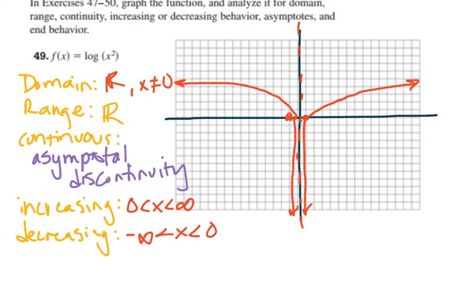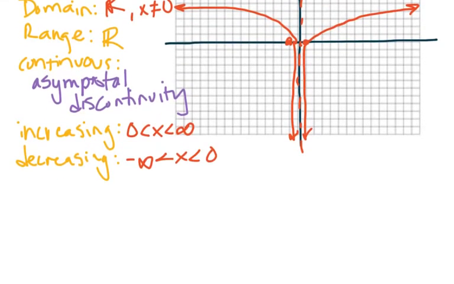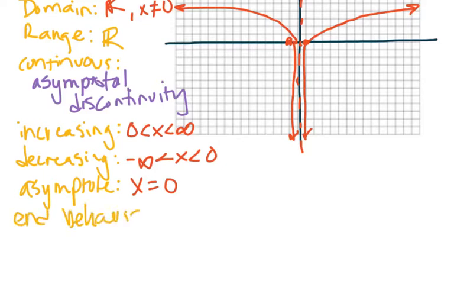Then we have asymptotes and end behavior. So asymptote is a vertical, and so vertical lines are x equals 0. And then your end behavior just wants to know what's happening as it approaches certain ideas.